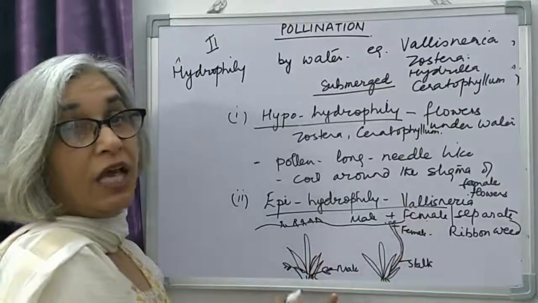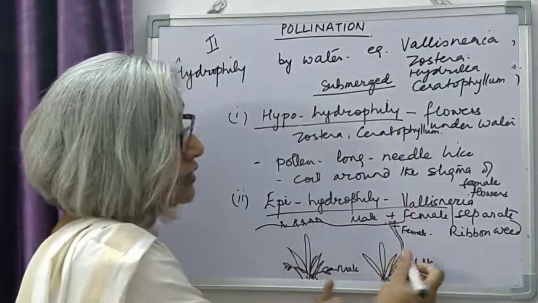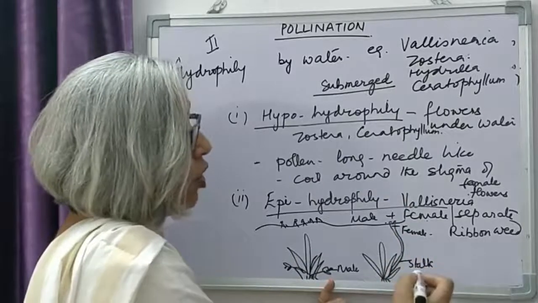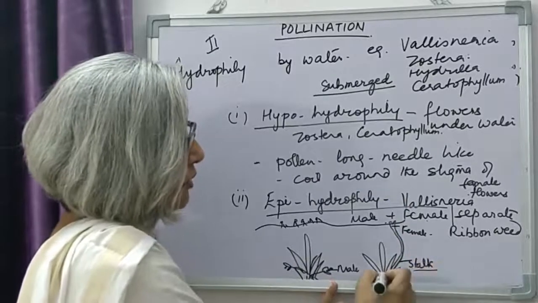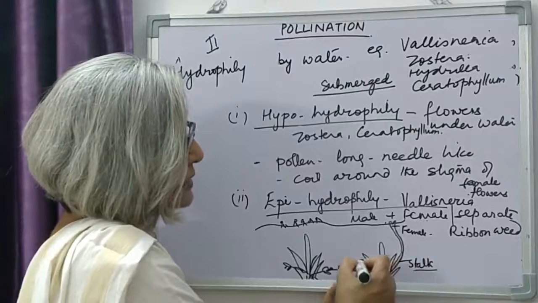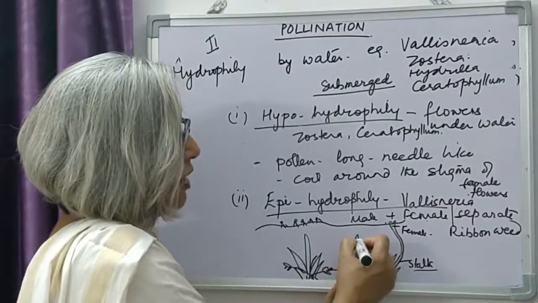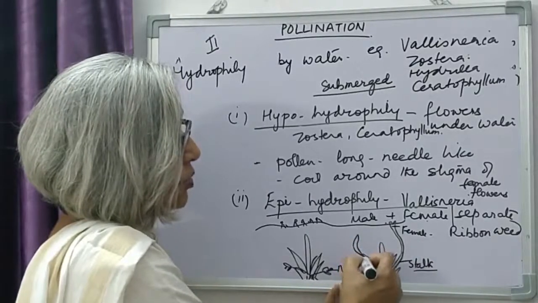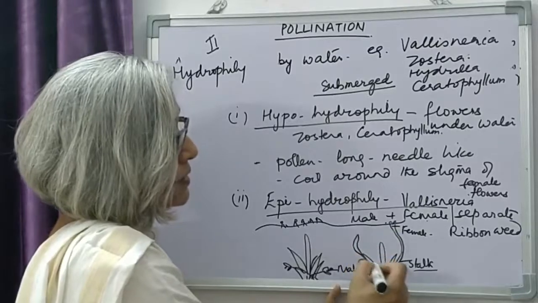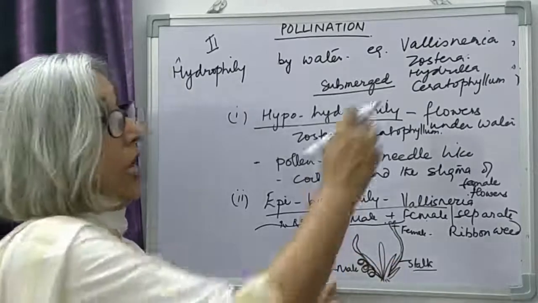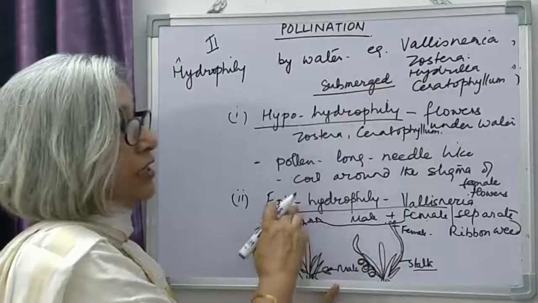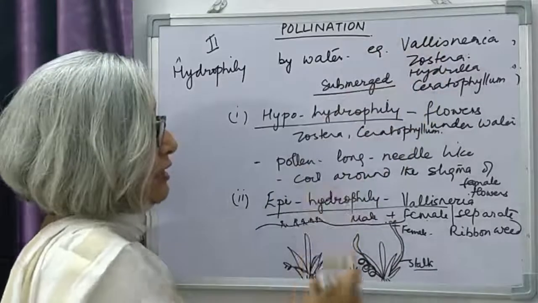Pollination takes place. And after pollination has taken place, this long stalk of the flower coils like this, and the female flower is submerged underwater. This is the mechanism of epihydrophily seen in Vallisneria.